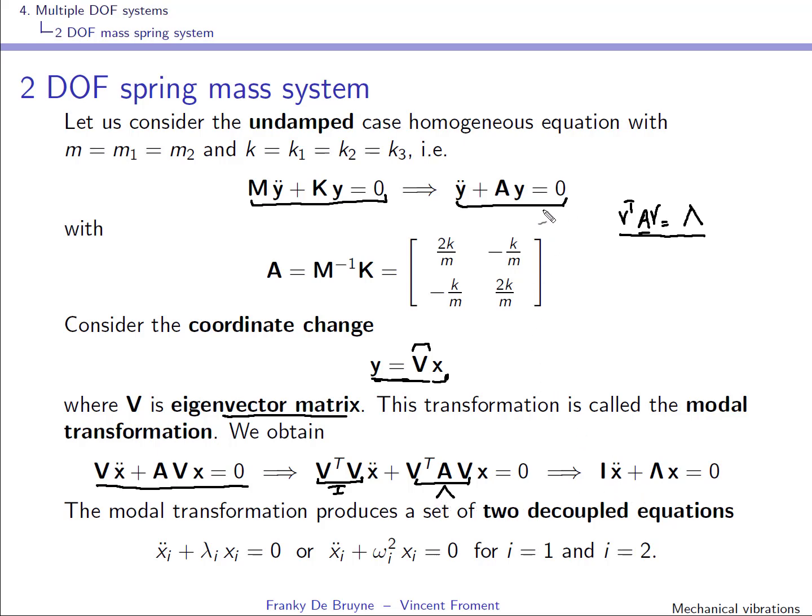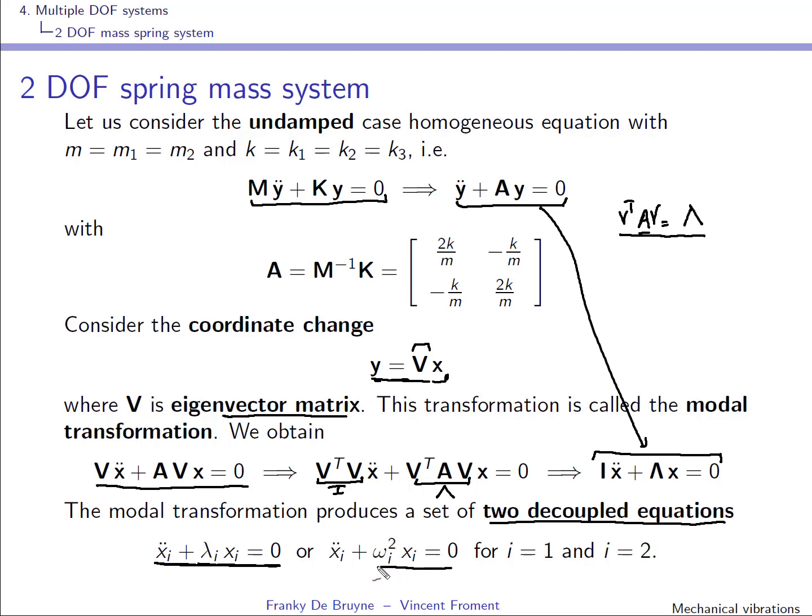So we have replaced this problem by a system of differential equations, two of them, but which are decoupled because everything is diagonal in this matrix. So we obtain two differential equations, right? Remember that lambda i is actually omega i squared.